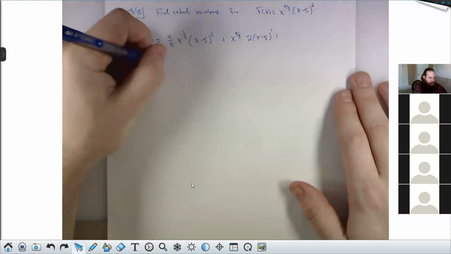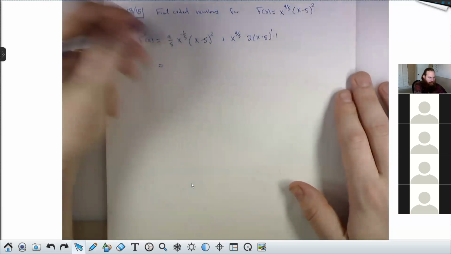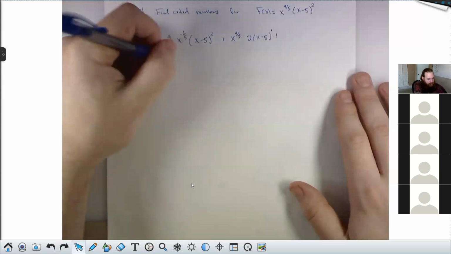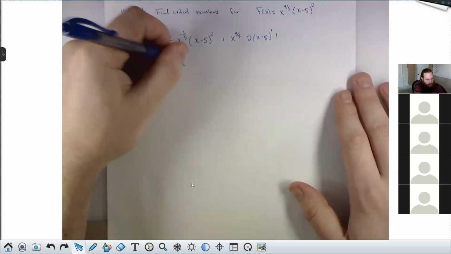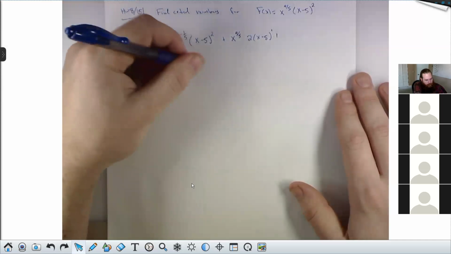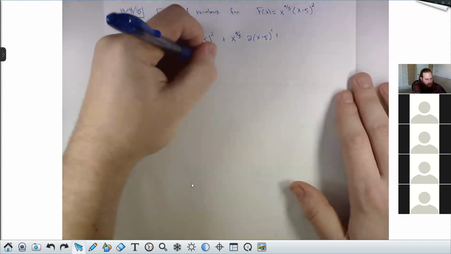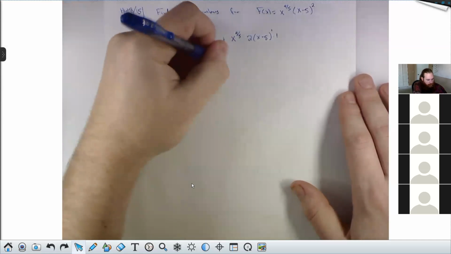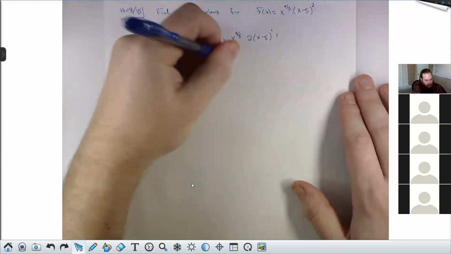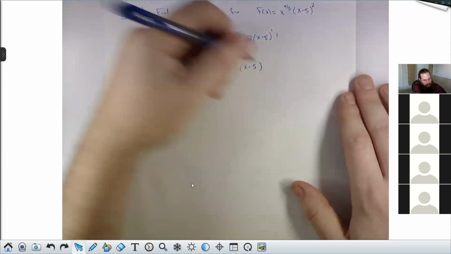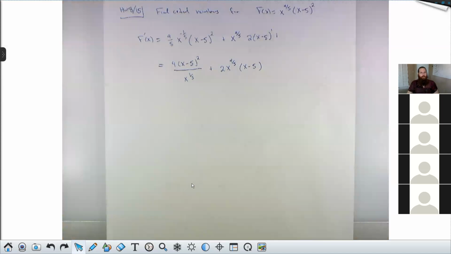And now I need to set this equal to 0, but this is a little weird because I've got this negative power here. So this is really 4 times (x minus 5) all squared over x to the 1/5, plus 2x to the 4/5 times (x minus 5). This is the thing I want to set equal to 0.